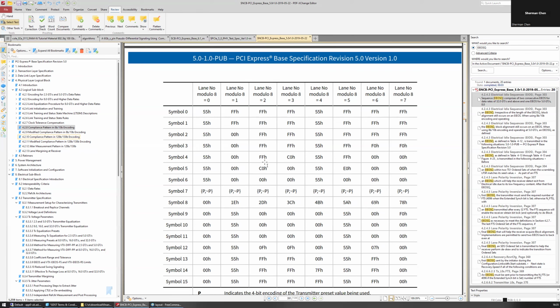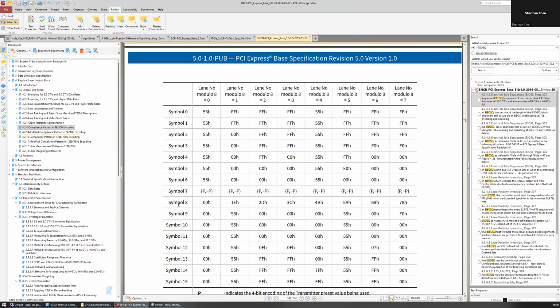And here we notice one difference from the matrix used by the two patterns, CP and MCP, for 8b/10b. In this pattern for 128b/130b, the matrix is based on 8 lanes instead of 10 lanes, right?